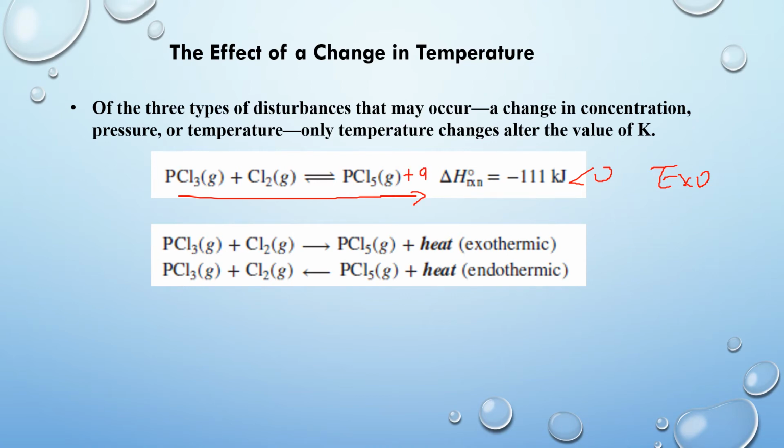Let me use Q to represent this heat or energy. If we want to generate more of this product, we need to decrease the amount of heat, which is done by lowering the temperature. If we want to increase the amount of PCl3 and Cl2, that's the reverse direction, so we want to increase the amount of Q, by increasing the energy.